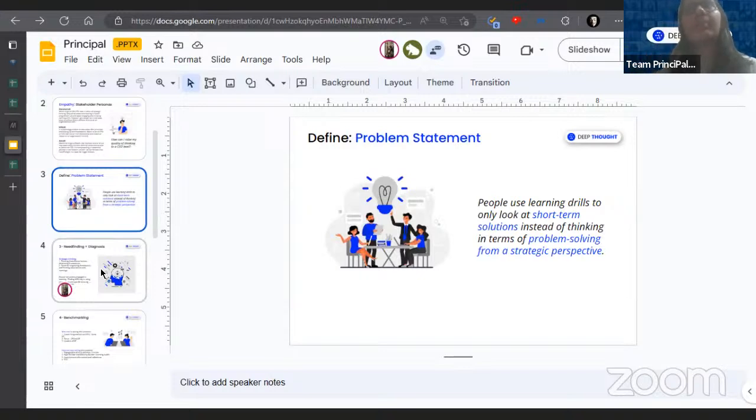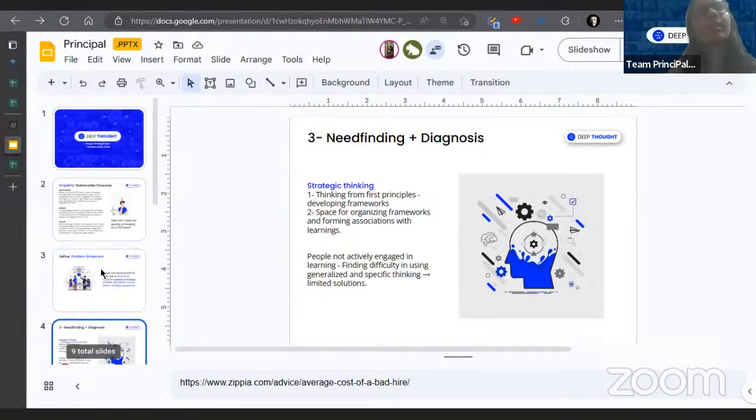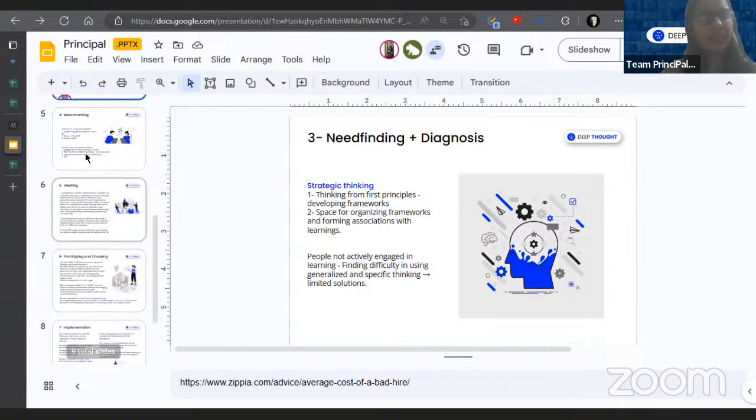But we are giving a structure, and people use that structure, come up with short-term solutions, but are not able to find the patterns in them and think in a more holistic, organizational, long-term way. So we want to make sure that they are able to improve their quality of thinking to think on a more business level. So Mitali can go with the need finding.